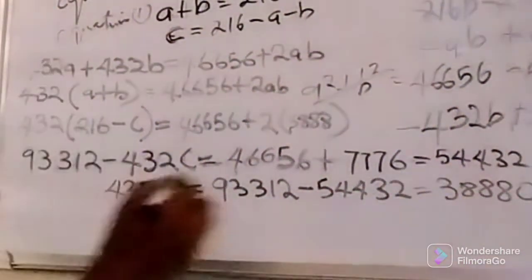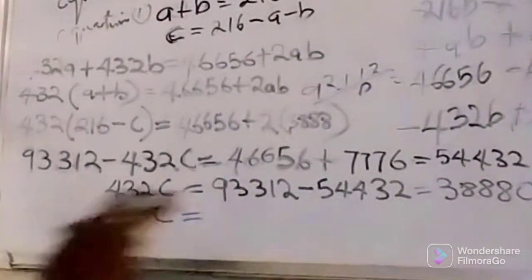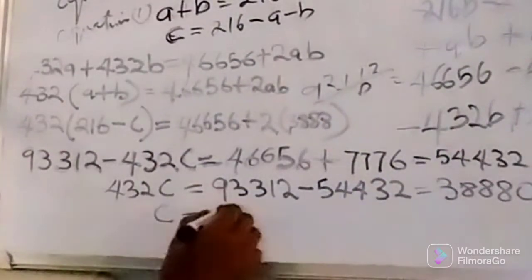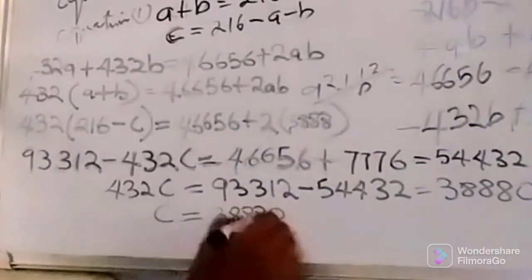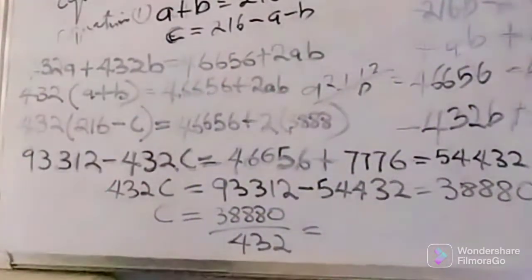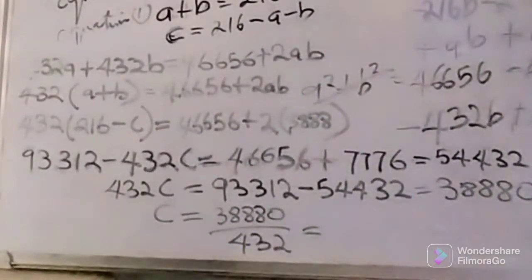38880. So, making C the subject of the formula, we're going to divide both sides by 432. So we say 38880 all over 432. So what will our answer be? 38880 divided by 432. We have 90.